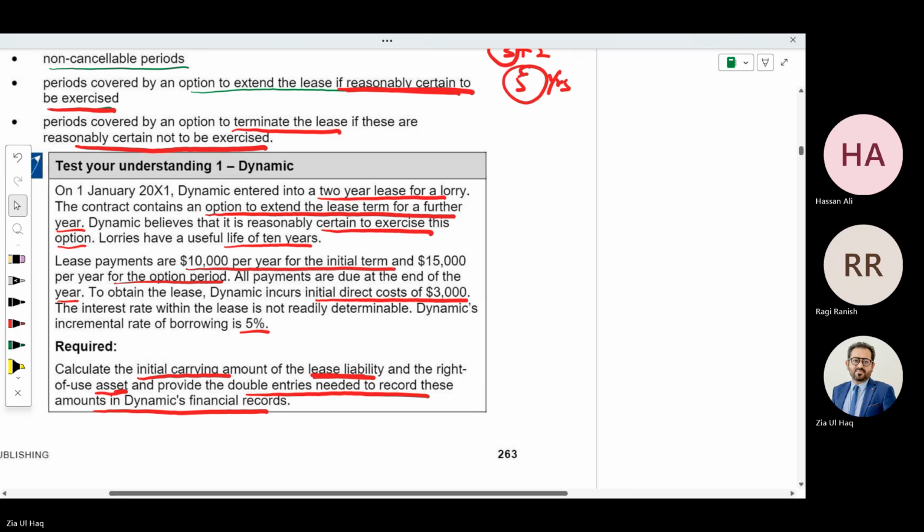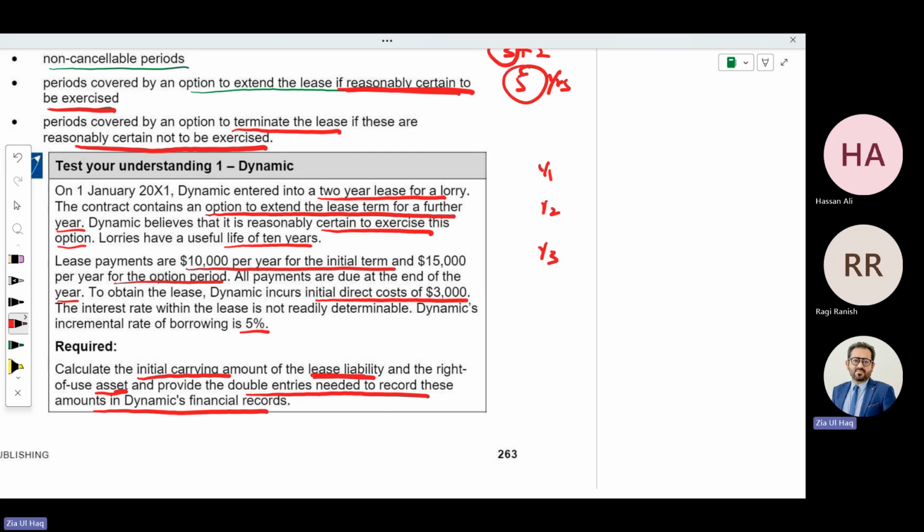The lease liability amount will be calculated using the present value method. For how many years is the lease time period? Year 1, year 2, year 3.